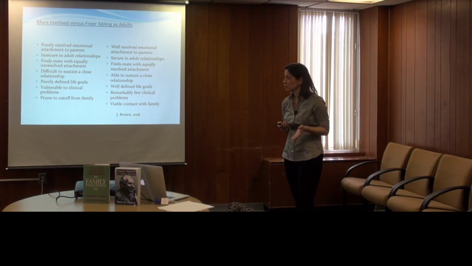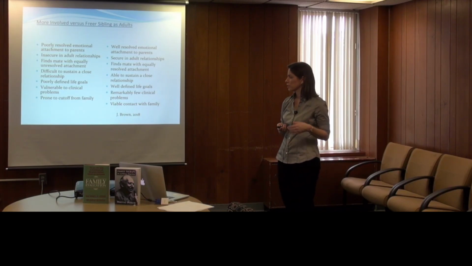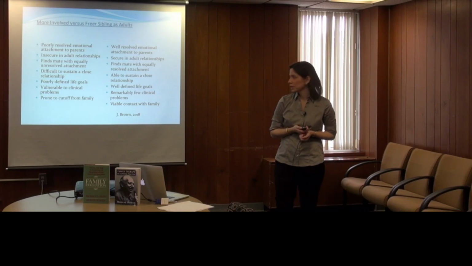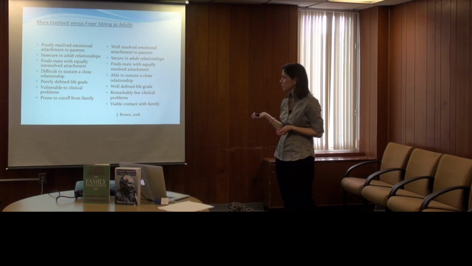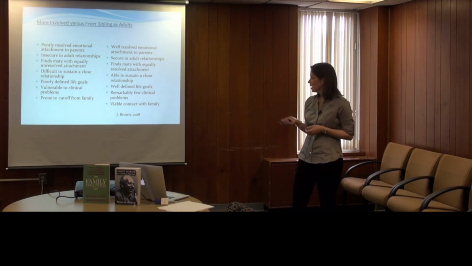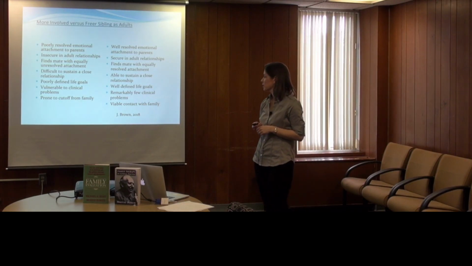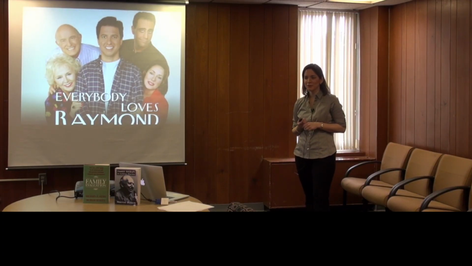They might be more vulnerable to clinical problems, so anxiety, depression, and they're prone to actually cut off from their family, to sort of cut off communication. So freer siblings have remarkably few clinical problems, and usually have more contact with the family, so they're not as affected by this.